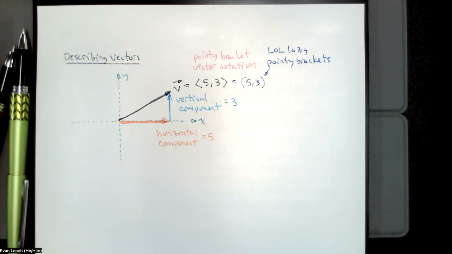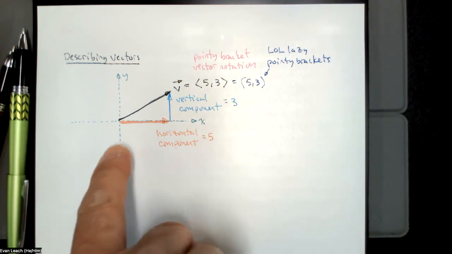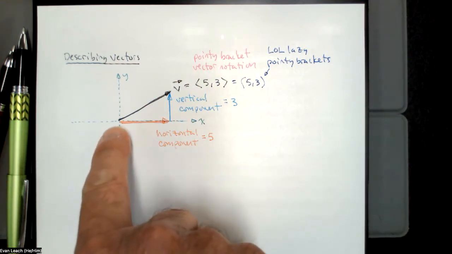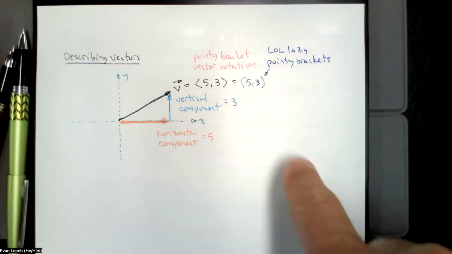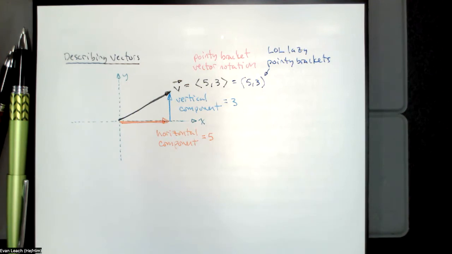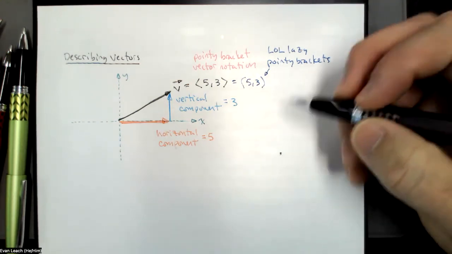Doesn't have to be. When we're describing vectors, we always imagine the starting point to be at the origin to come up with these coordinates. So if I take a vector and draw it way over here, it's still going to have horizontal and vertical components, and I'm going to imagine my origin at the start of that vector.